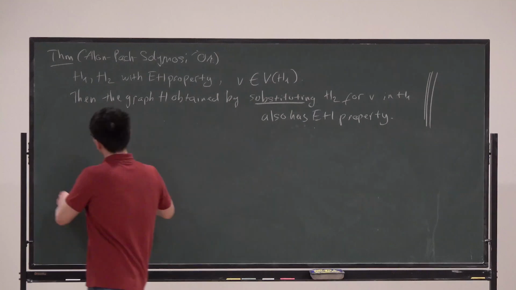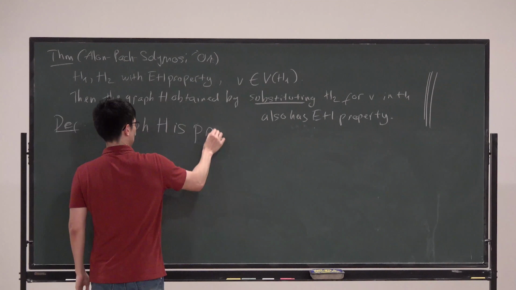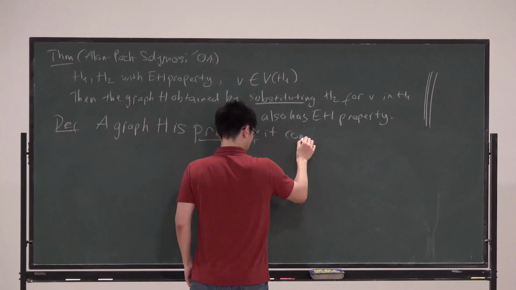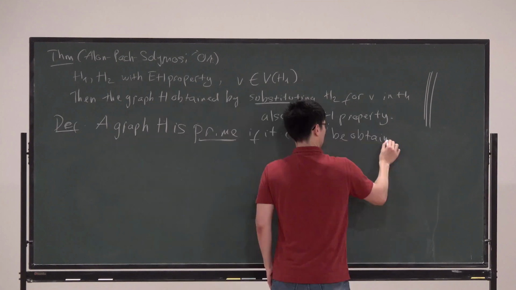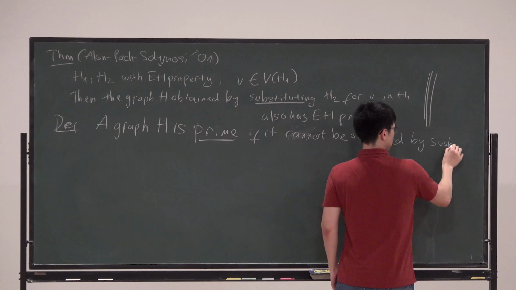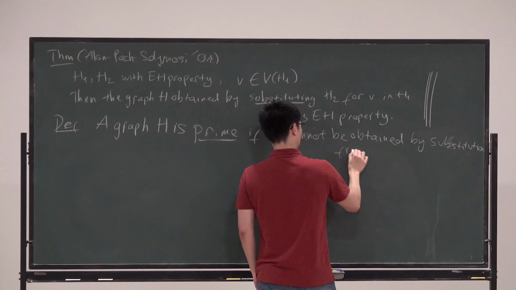the definition. The graph H is prime if it cannot be obtained by substitution from smaller graphs.